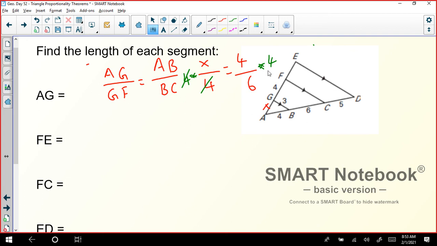That is 16 divided by 6. You'll get a decimal number because 16 is not divisible by 6. So let's try with 2. 2 times 3, 2 times 8. So 8 over 3.